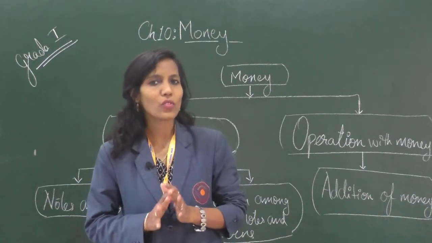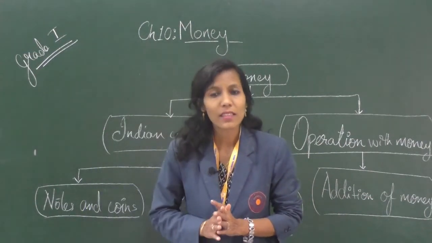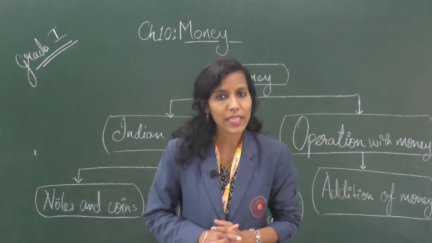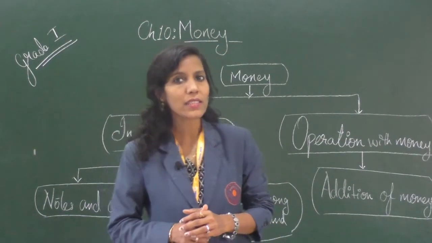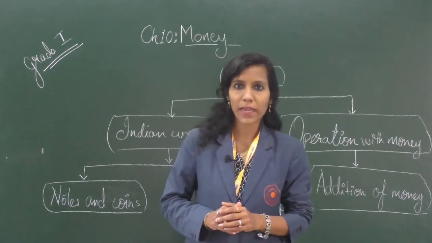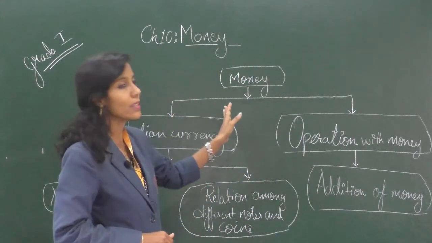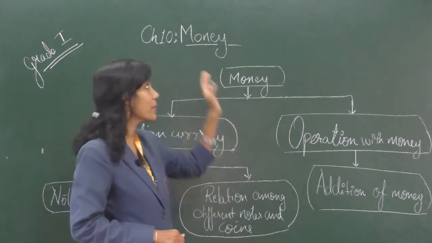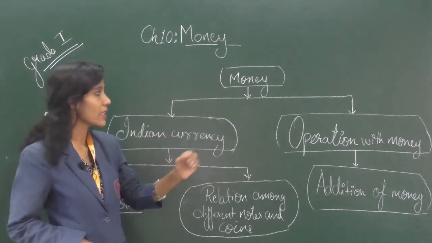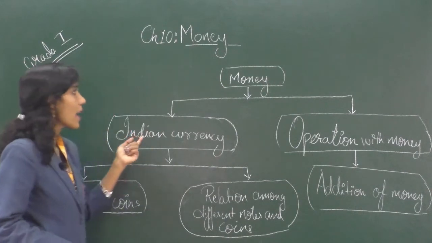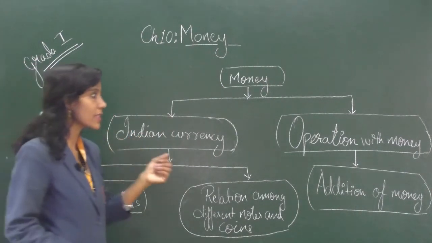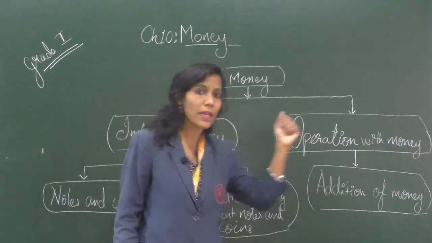By now, you all would have got an idea of what we'll be dealing with today and what our chapter is all about. But before we start our chapter, let's do the mind map first. So here, this is a mind map for our chapter 10, that is money. Two topics under money, that is Indian currency and operation with money.